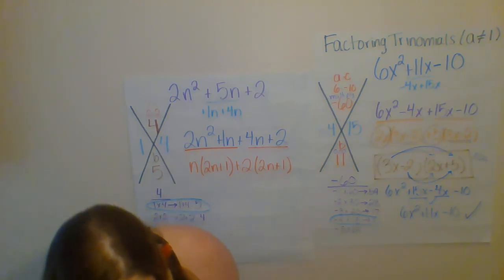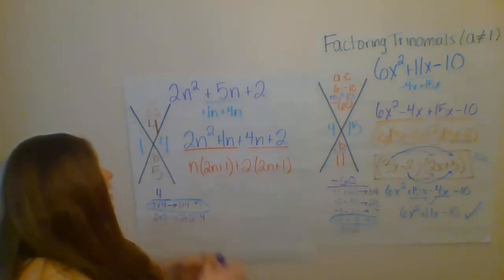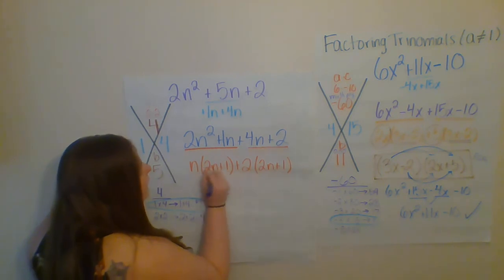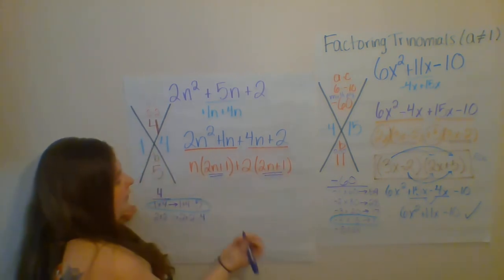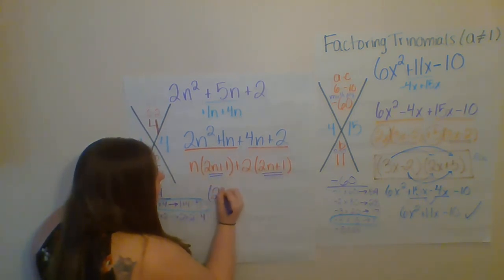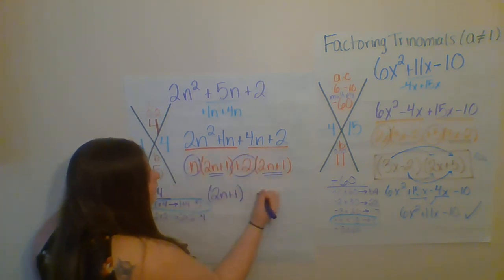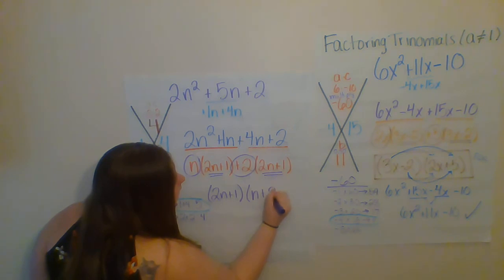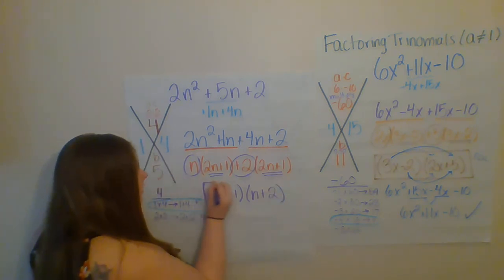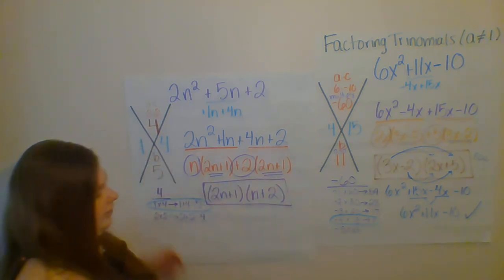So now our final answer comes from this. We have 2n plus 1 in both of them. So 2n plus 1 goes first, and then we have n plus 2 left over. That goes second, and that is our answer.